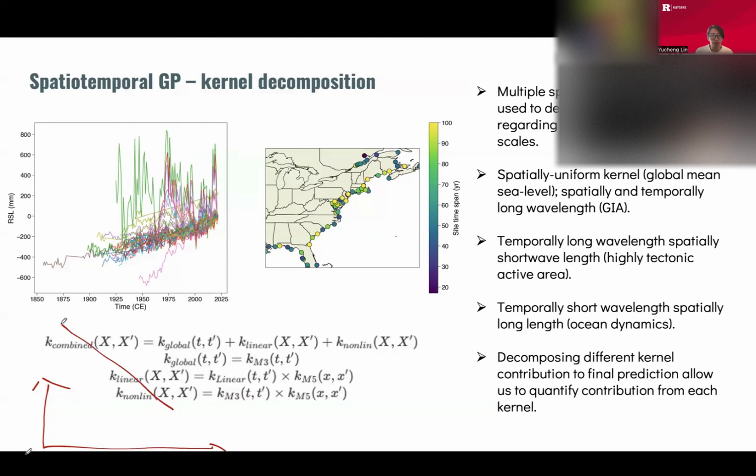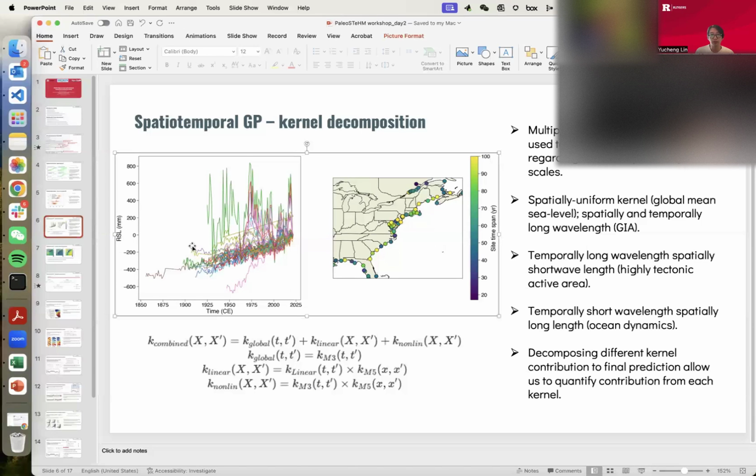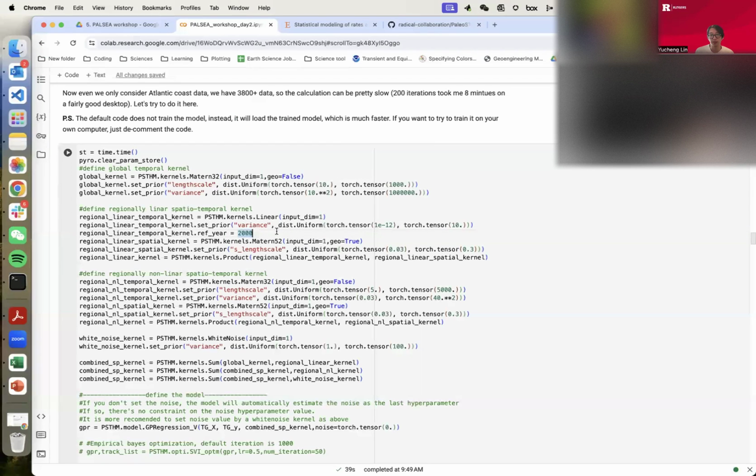If you think of this red line as your mean prediction, you have an uncertainty like that, and there's a value where you have zero uncertainty, and this year is what we call the reference year. This is quite handy because if you're doing sea level, you have some reference year where you assume you know exactly where the sea level is, so you have zero uncertainty. So here we set the reference year to be 2000, but you can set any year you want.